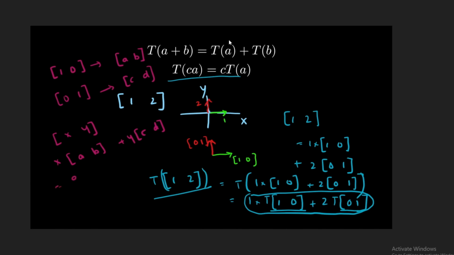That is equal to ax plus cy and bx plus dy. This is the vector at which x, y lands after the transformation.